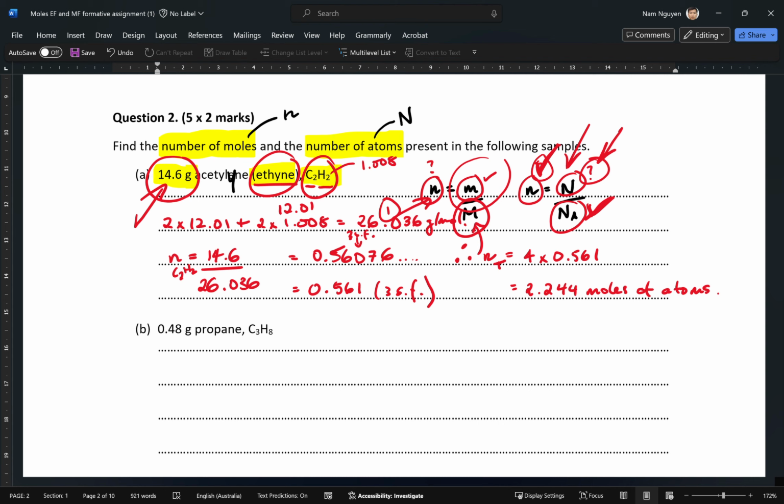Alright, now that we have that, we can use this formula rearranged.